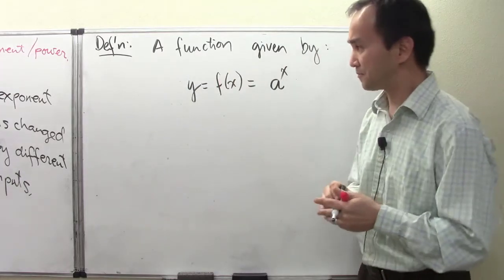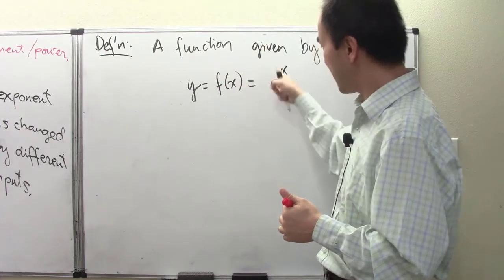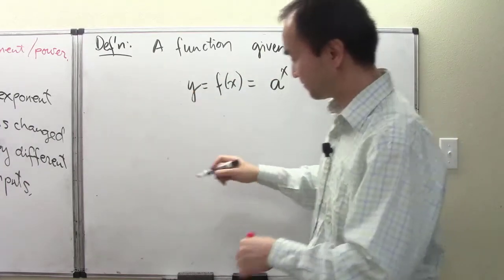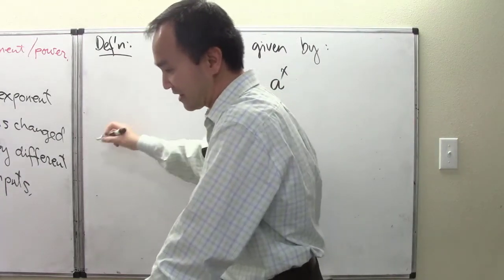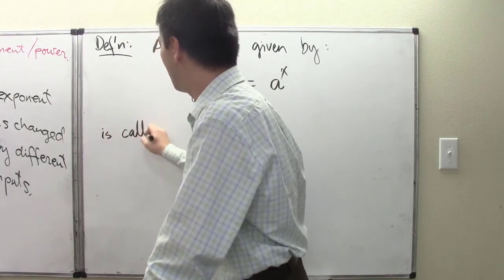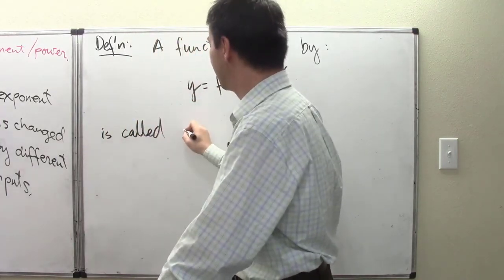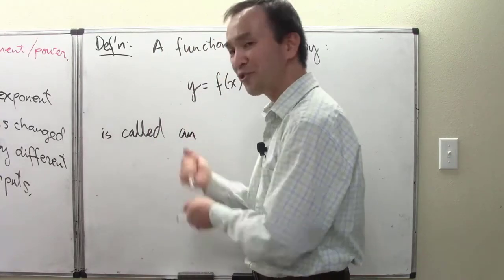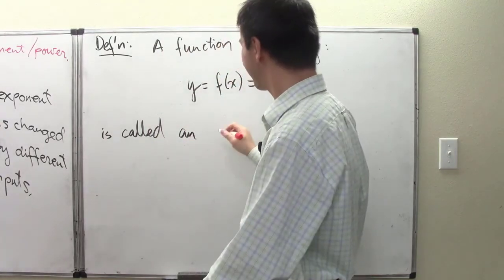So a function given by that form, which we've seen earlier, any of those functions, is now formally called an exponential function.